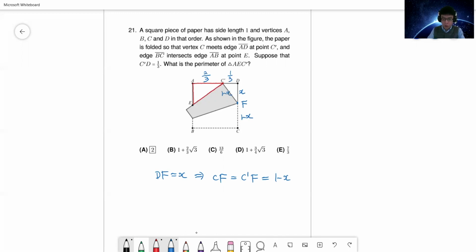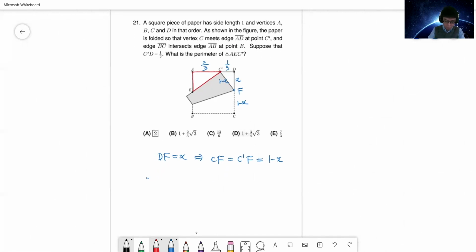But if we consider the triangle C prime DF, this is a right triangle. C prime D is 1/3, DF is X, C prime F is 1 minus X. The Pythagorean theorem shows that 1 minus X squared equals 1/3 squared plus X squared.